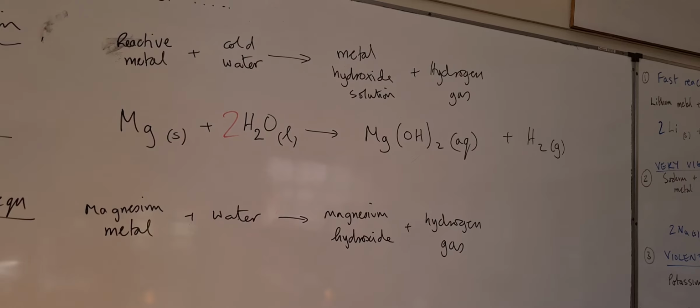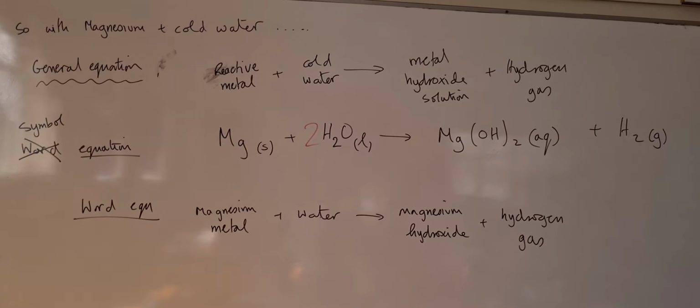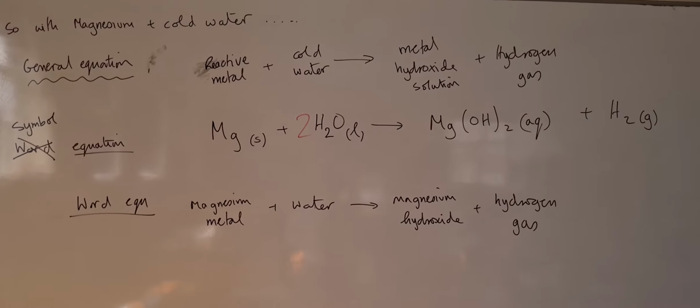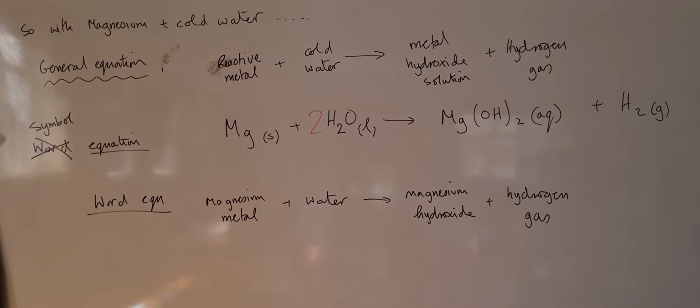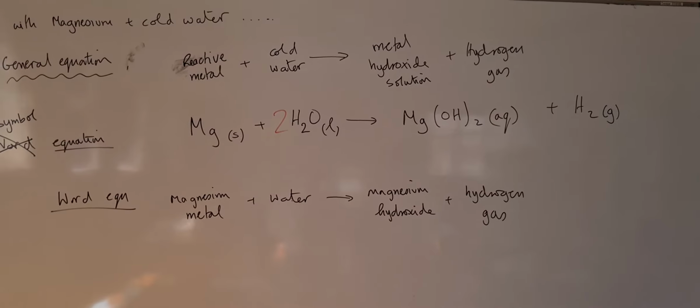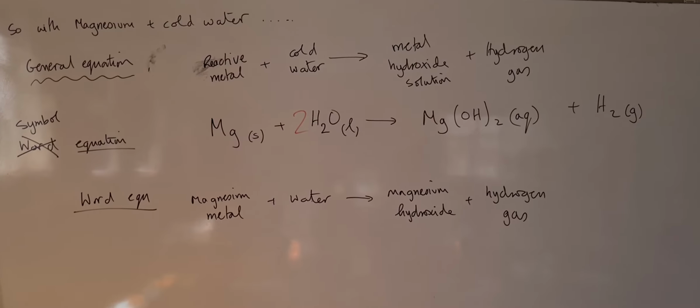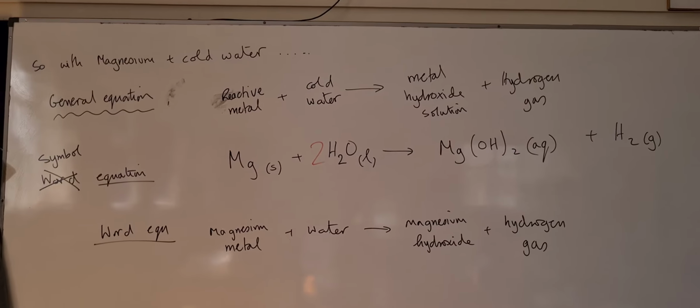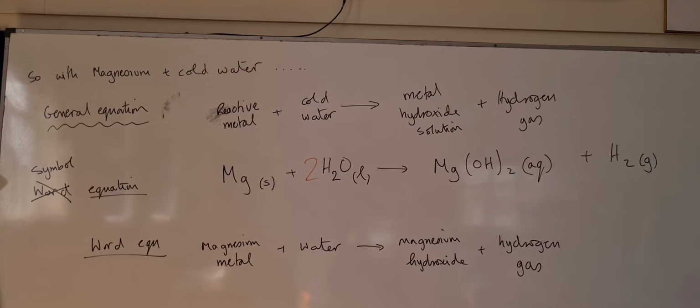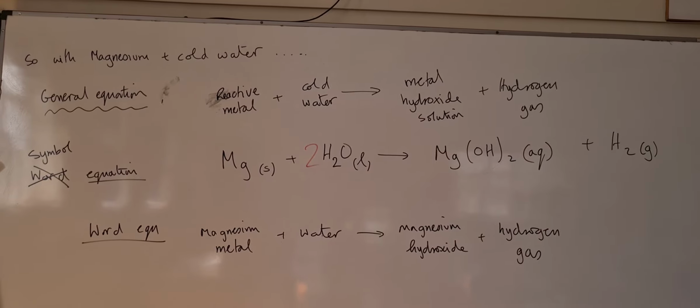So you need the red big 2 to balance the simple equation. Underneath it is the word equation. Learn the general equation on top. And from the top general equation, I want you to be able to write the specific word equation or symbol equation, whatever we need at the various tasks that you're asked to do on exam papers.